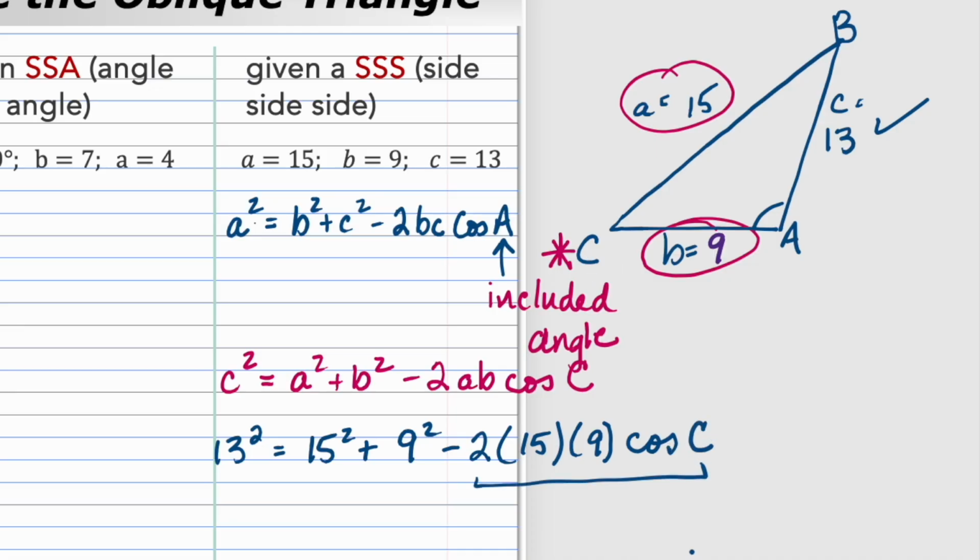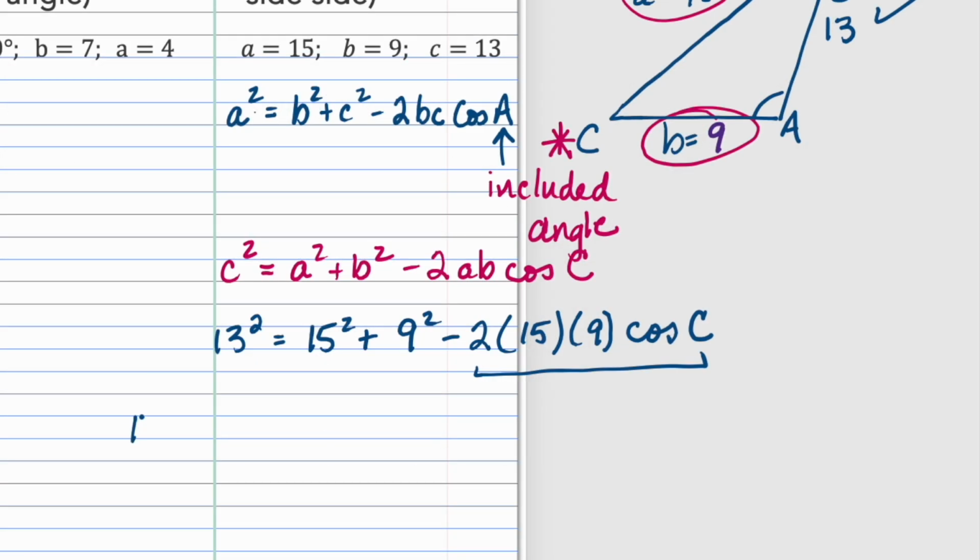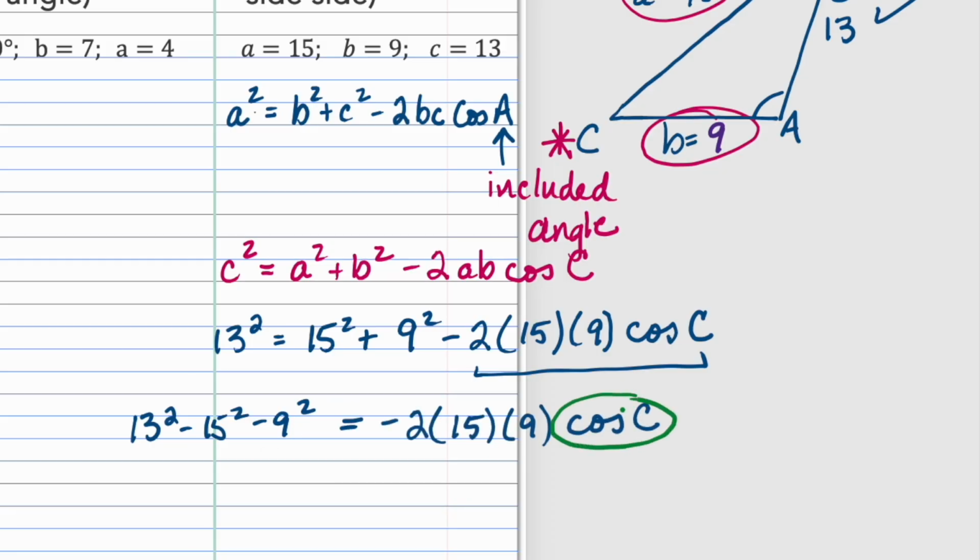All of that needs to be isolated. We'll have 13 squared minus 15 squared minus 9 squared. And that means to get cosine of C by itself, we're going to divide by negative 2 times 15 times 9. What we do to one side, we do to the other.